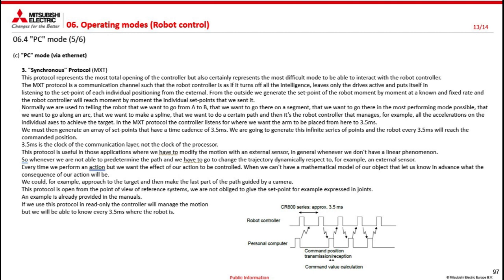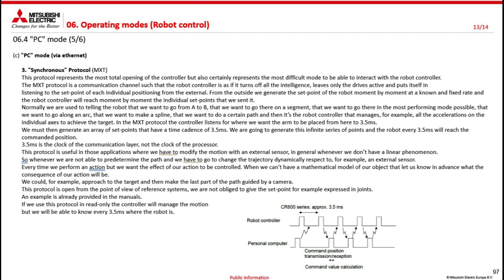Normally, we are used to telling the robot that we want to go from A to B, that we want to go there on a segment, that we want to go there in the most performing mode possible, that we want to go there along an arc, that we want to make a spline, that we want to take a certain path, and then the robot controller manages, for example, all the acceleration on the individual axes to achieve the goal.